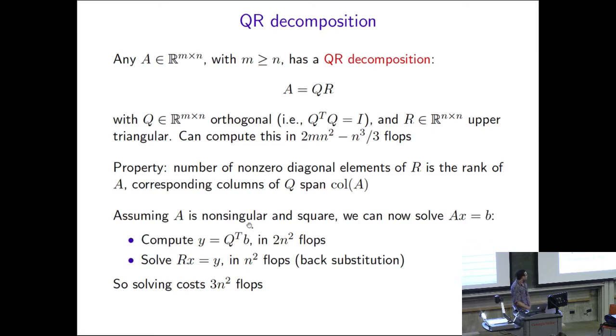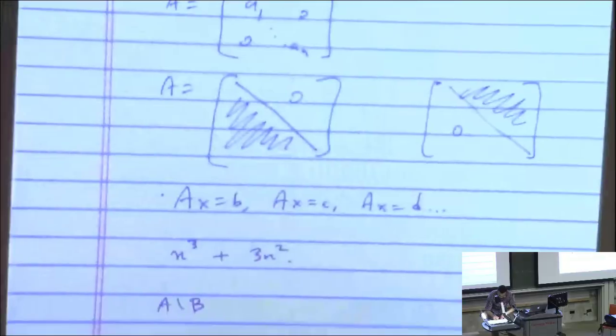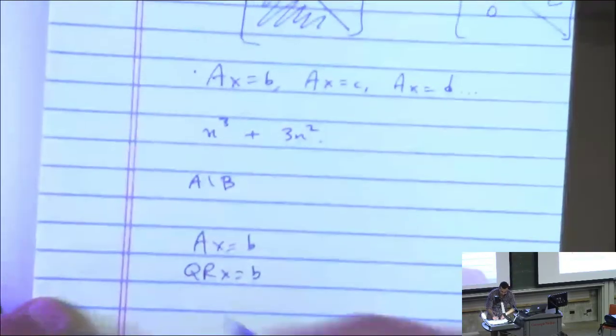So if A is non-singular and square, QR decompositions are actually a bit more general because they apply to tall matrices. But in the case where we want to solve a linear system, A is back to being square and non-singular. We can solve AX equals B with a QR in two steps. We have this linear system AX equals B. We write this as QRX equals B. We multiply both sides by Q transpose.